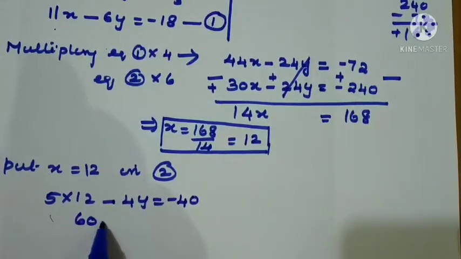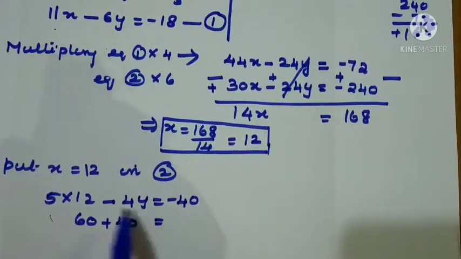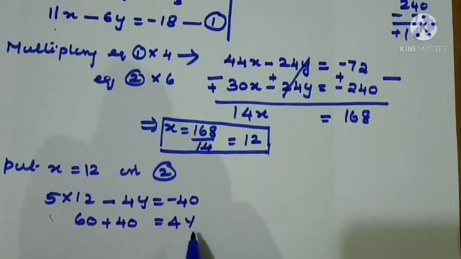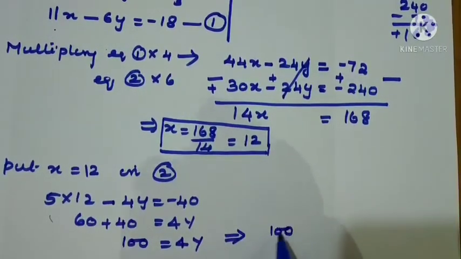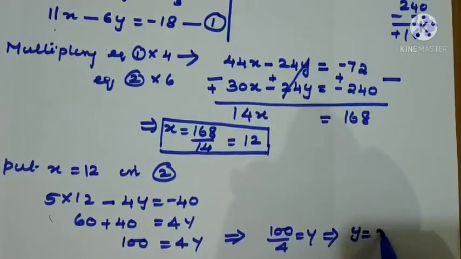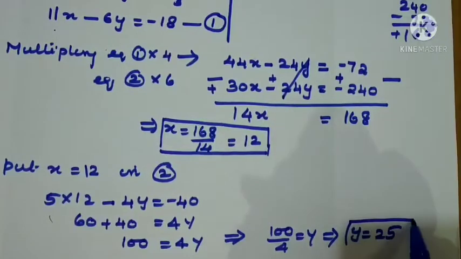So 60 plus 40 equal to minus 4y, I am taking to this side. So 4y only. 60 plus 40 is 100 equal to 4y. This implies 100 by 4 equal to y. So y equal to 25. Now we need the fraction only.